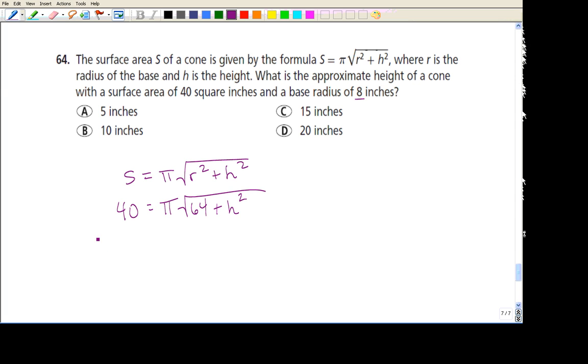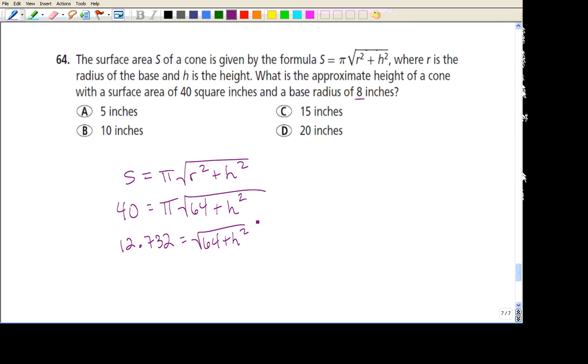So we'll divide both sides by pi. So 40 divided by pi is 12.732 and so on. So now we'll have the square root of 64 plus h squared.